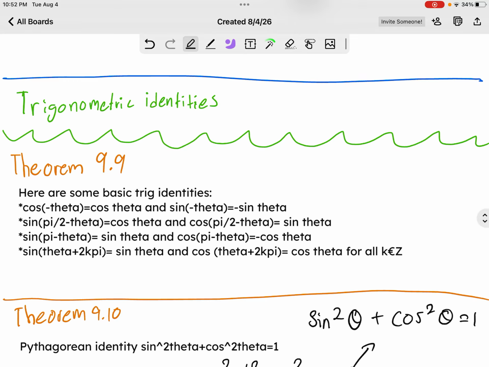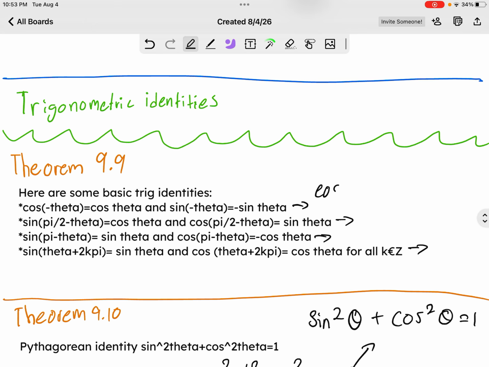So here we go. Theorem 9.9. Here are some basic trig identities. I think I should write this in mathematical form. Okay, let me start writing them.